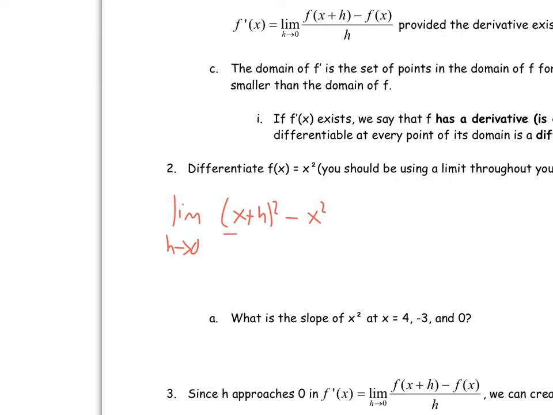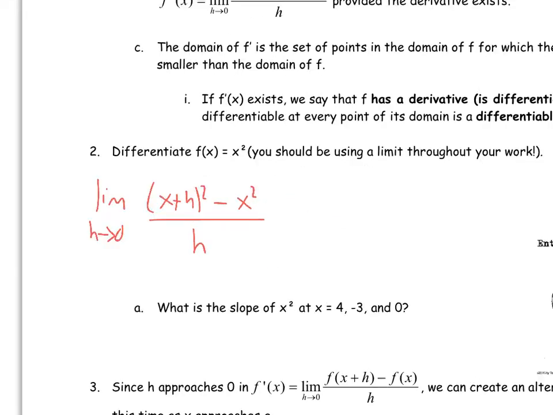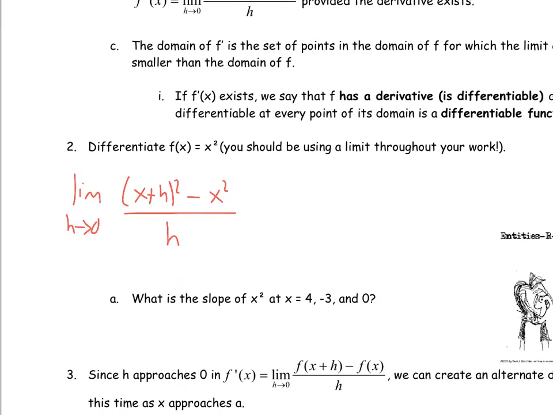You can use a's if you want, which is what we did in the past, but really a just represents an x value. And then this is equal to, when you multiply this out, you get the limit as h goes to 0 of x squared plus 2xh plus h squared minus x squared all over h.